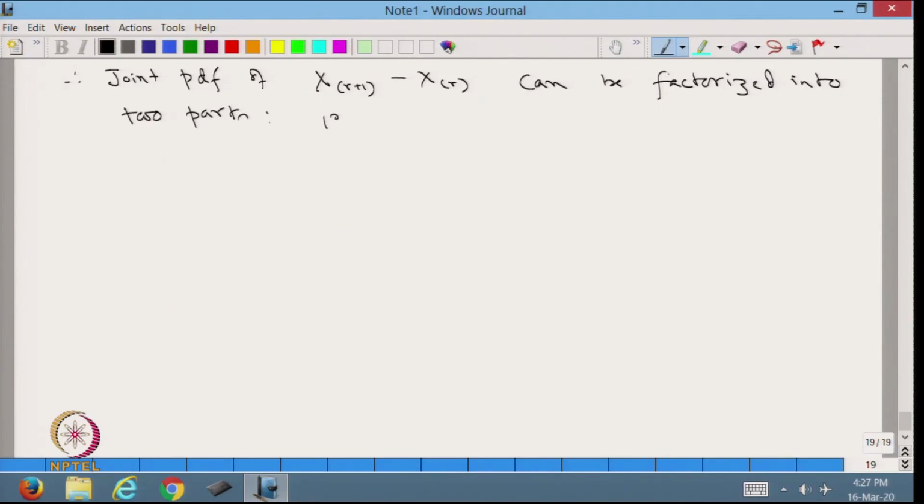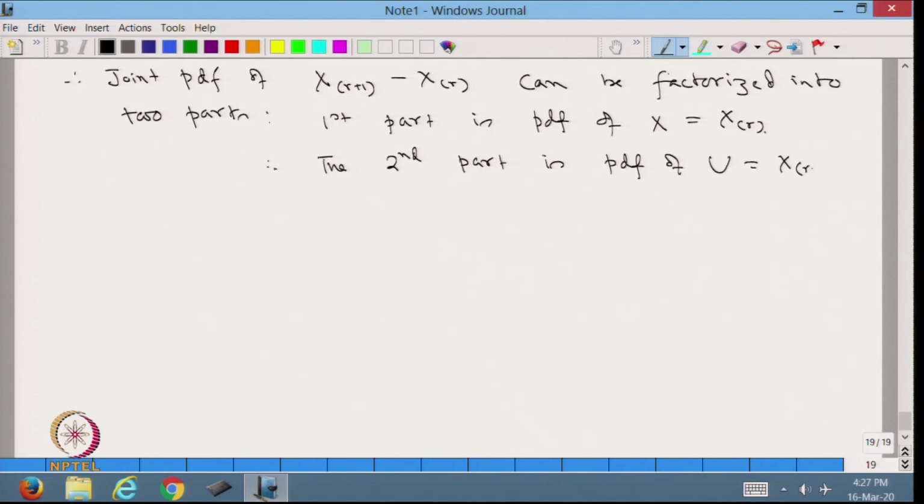The first part is the PDF of X_r, which is the rth order statistic. The second part is the PDF of U, equal to X_{r+1} minus X_r.